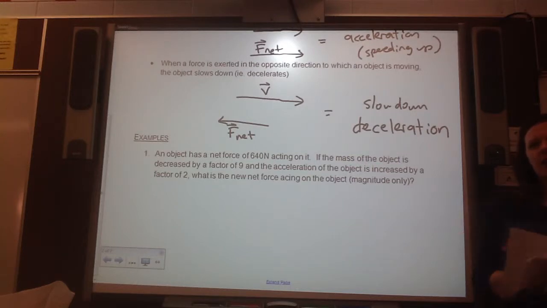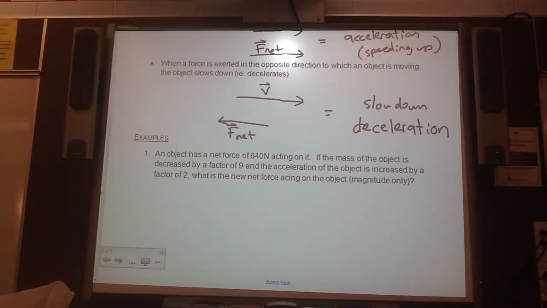Okay, let's do an actual example now. An object has a net force of 640 newtons acting on it.